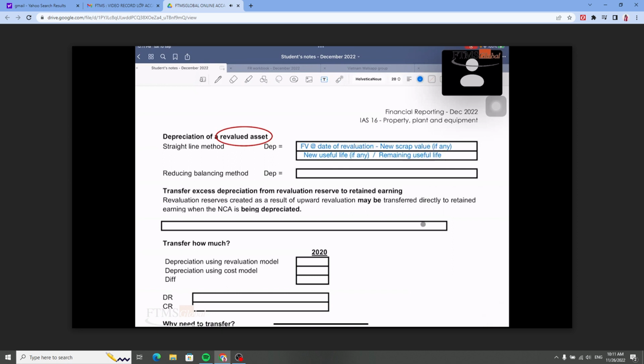Okay, so of course, this is quite similar to what we see earlier. This is a divide line. The only difference is instead of using cost, I don't use my cost anymore. I will use the fair value at date of revaluation to calculate depreciation.